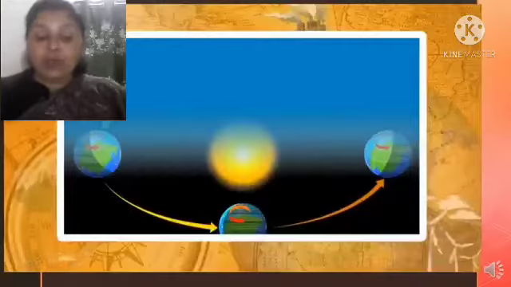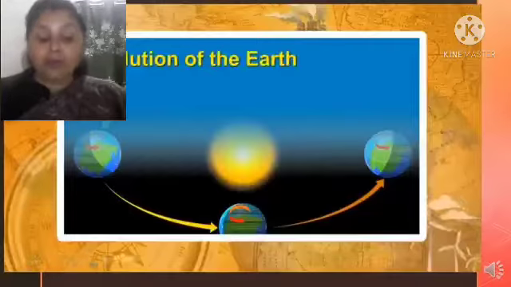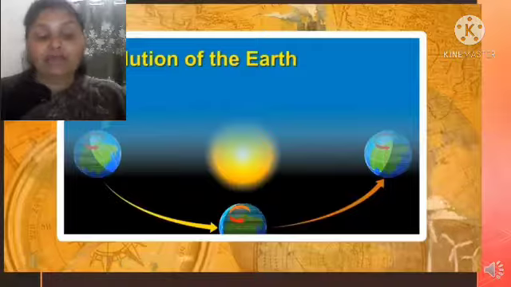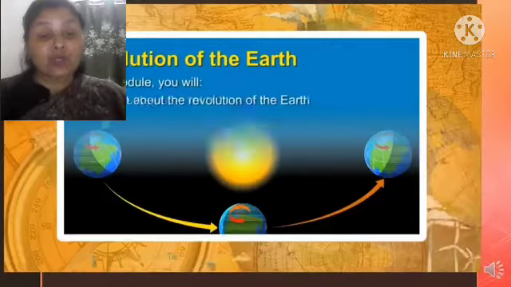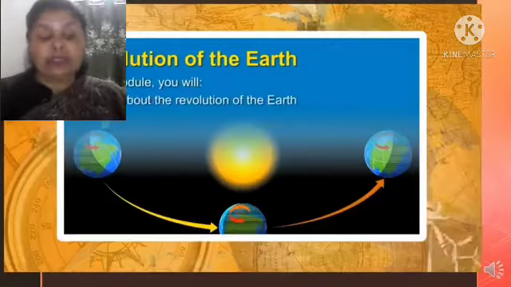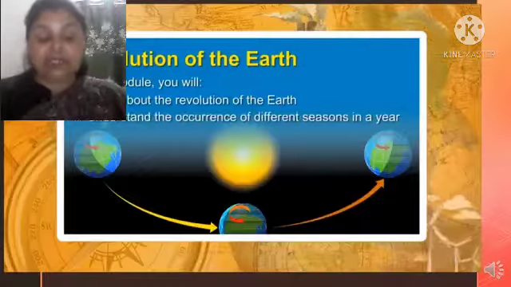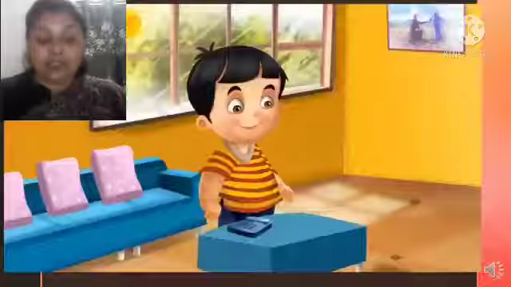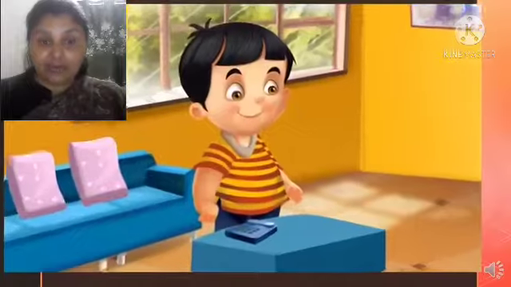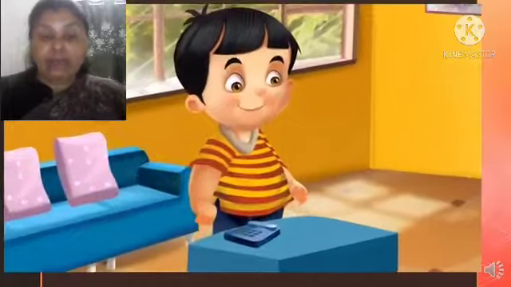These facts about the movement of earth were first discovered by Nicolaus Copernicus in the 16th century, when he stated that earth is not stationary. It only appears to be stationary.